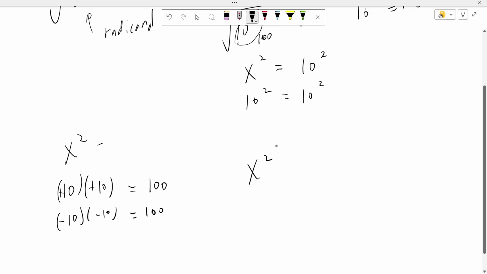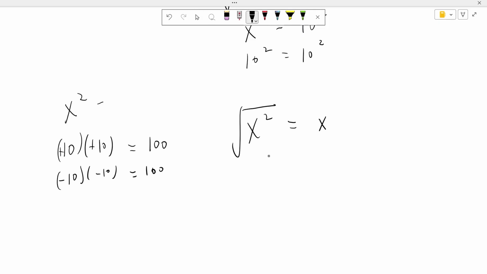So when you square a number and then take the square root immediately, what you get isn't just x, but the absolute value of x. What the absolute value of x means is, if it's a negative number, turn it into a positive number. If it's a positive number, then don't do anything.